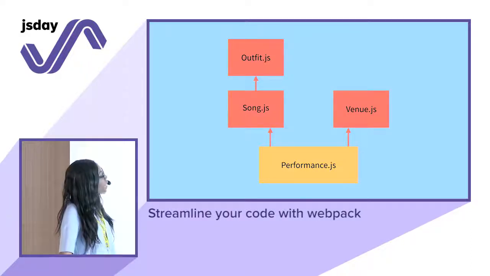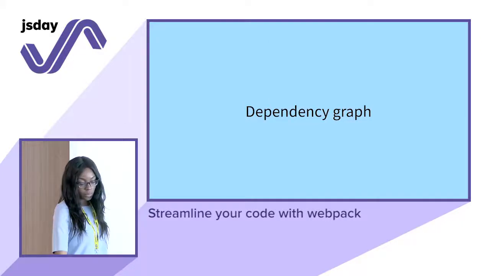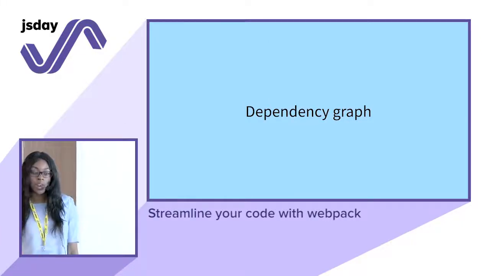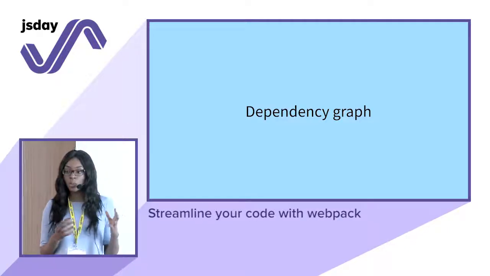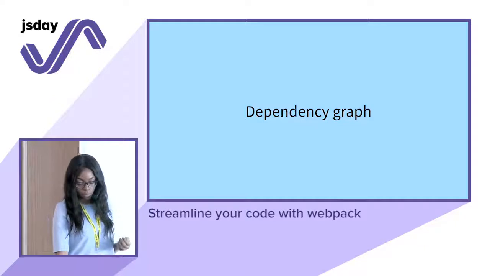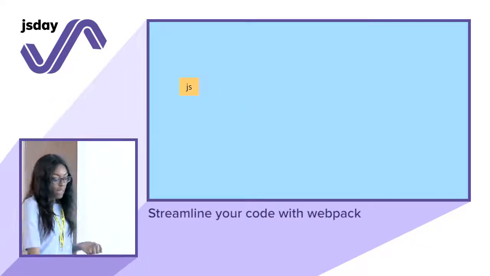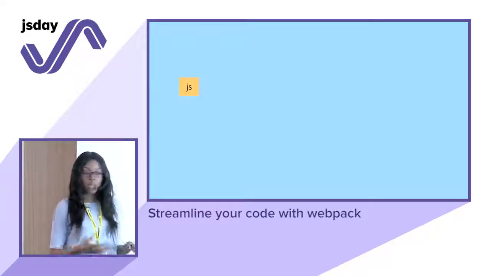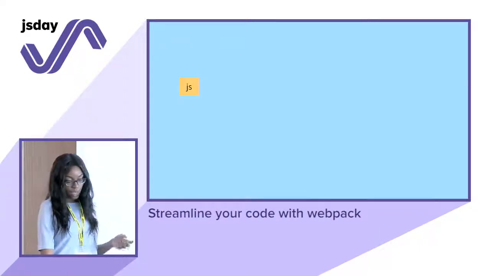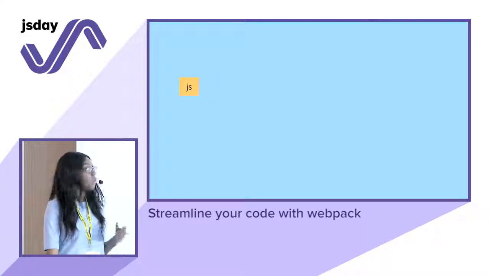And what Webpack will do next is it will convert this into a dependency graph. Webpack builds a dependency graph to describe how all of your modules relate to one another and depend on one another. So usually in the case of web development, it's defined through a series of requires or imports, and that describes the relationships between your files.